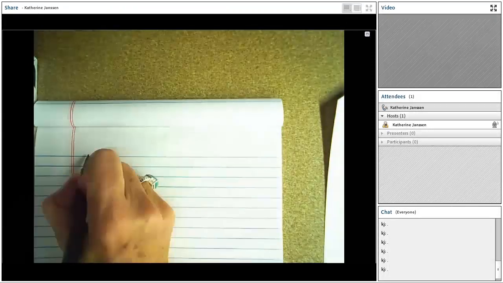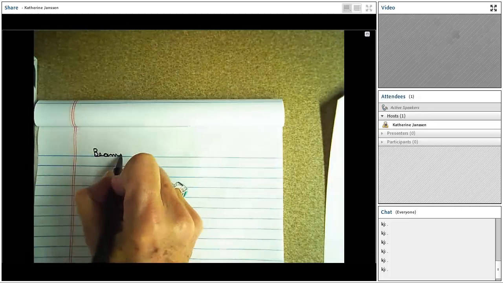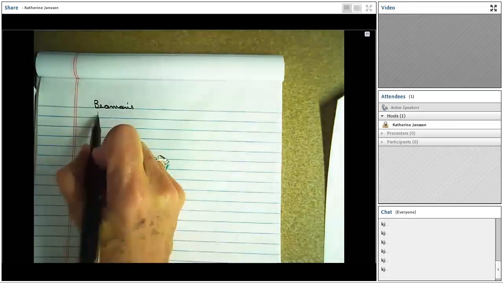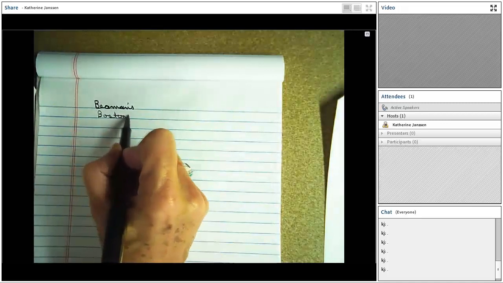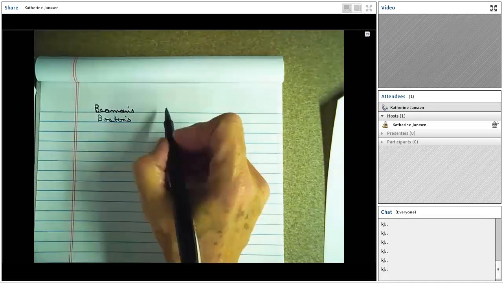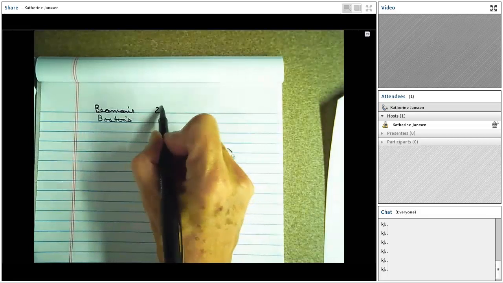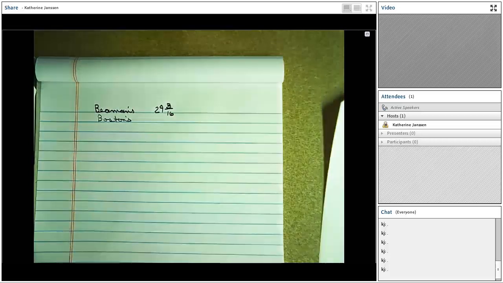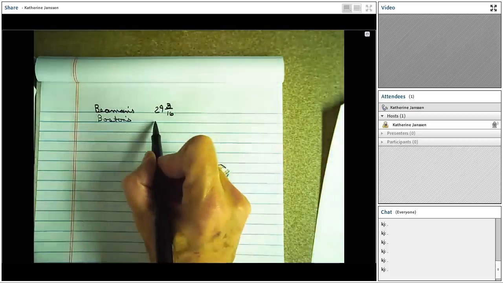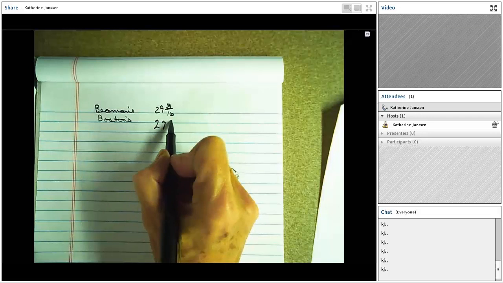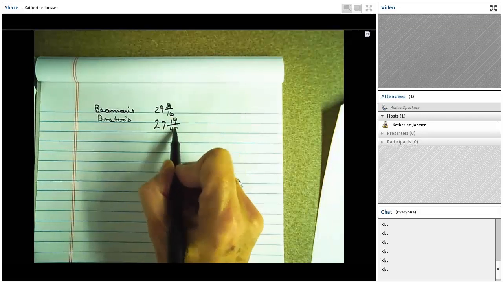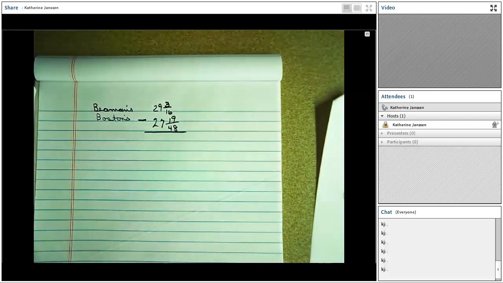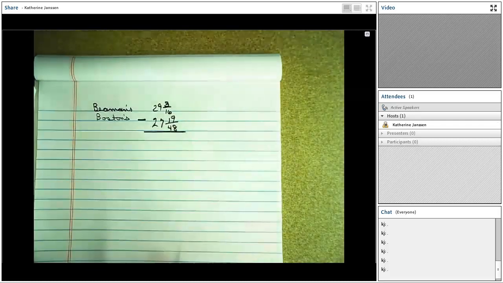So we want to compare Beamon's jump to Boston's jump. And Beamon's jump was 29 3/16. And Boston's jump was 27 19/48. We're comparing, we want to find how much longer, so we're going to subtract, find the difference.